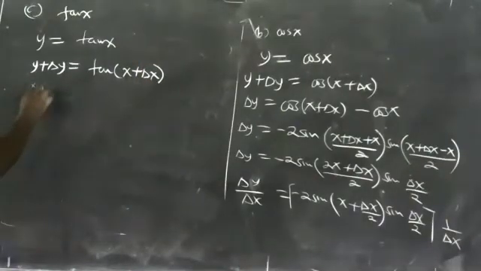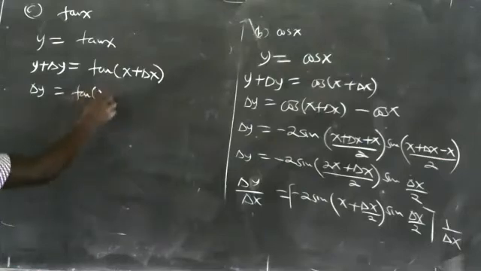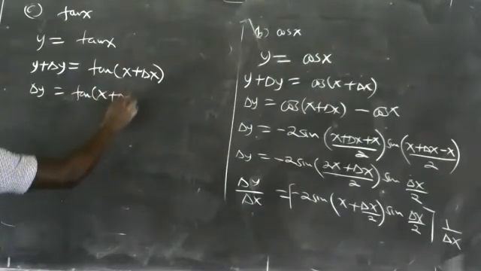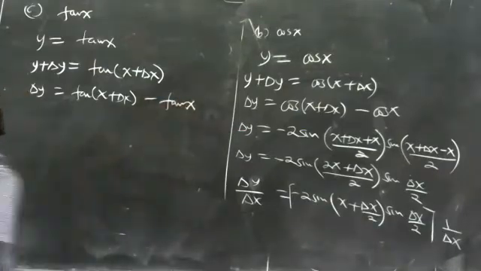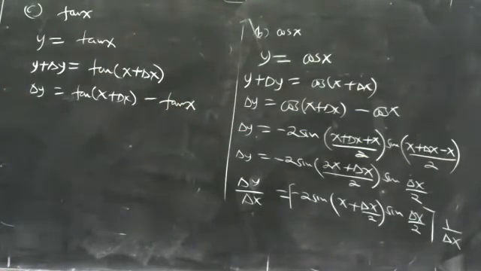Change in y becomes tan of x plus change in x minus your y, which is tan x. Now for tan here, what to do? We are going to convert it. We change the tan in terms of sine and cos. Have you heard? We change the tan in terms of sine and cos.